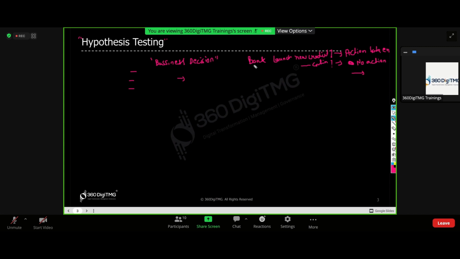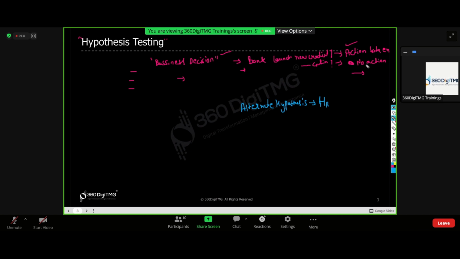So based on these two parameters, we take decisions. When you take a decision, this is called the alternate hypothesis, and it is represented by HA. HA means you will take a decision.